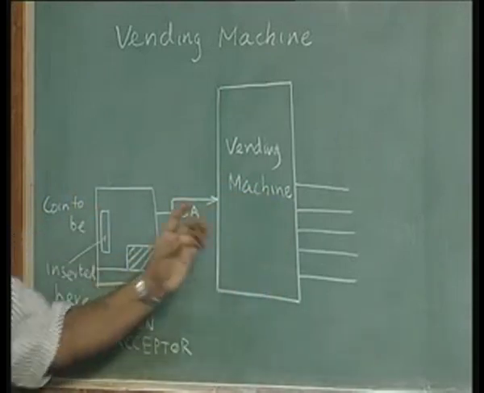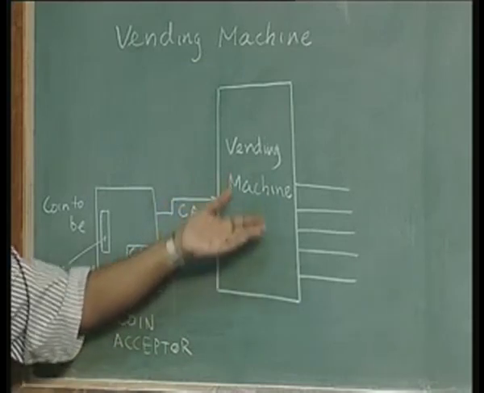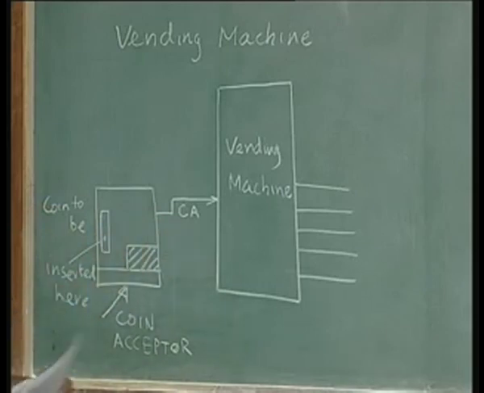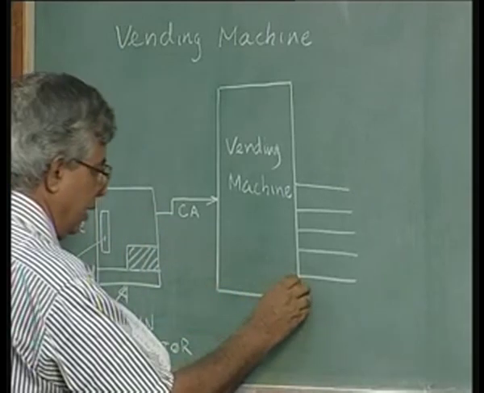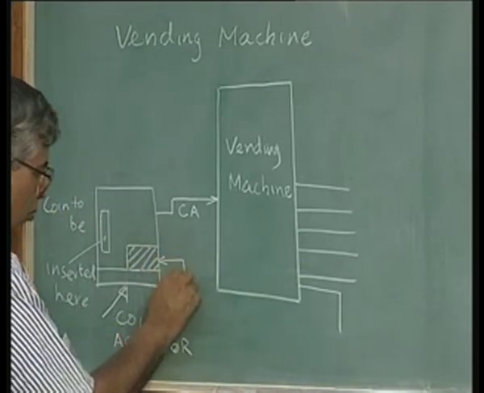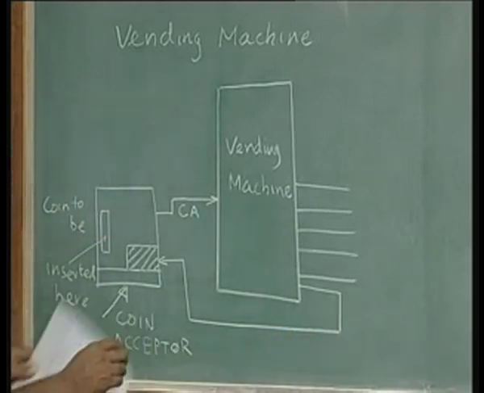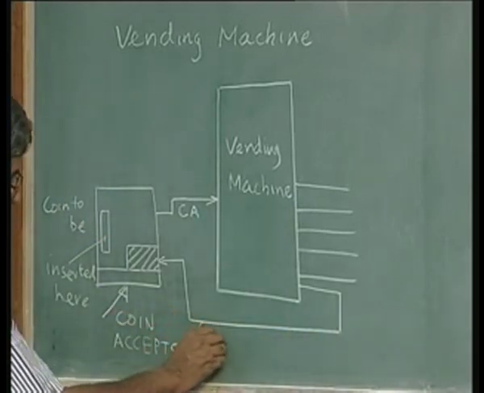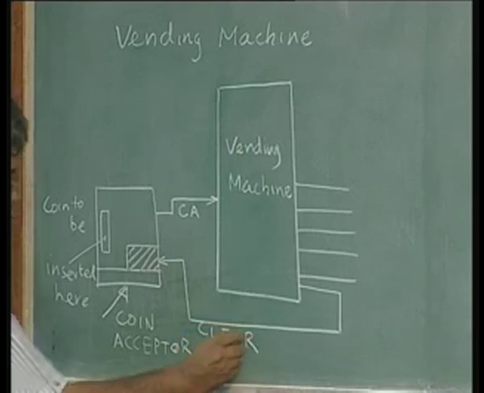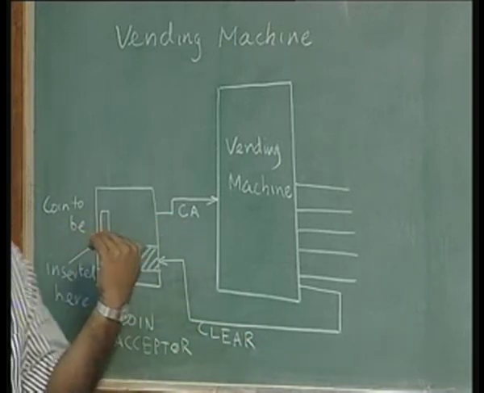So when the coin is accepted, and the selection is over, there should be a signal back from the machine saying that it is cleared. So I should have a clear signal, so that the next coin will be accepted.